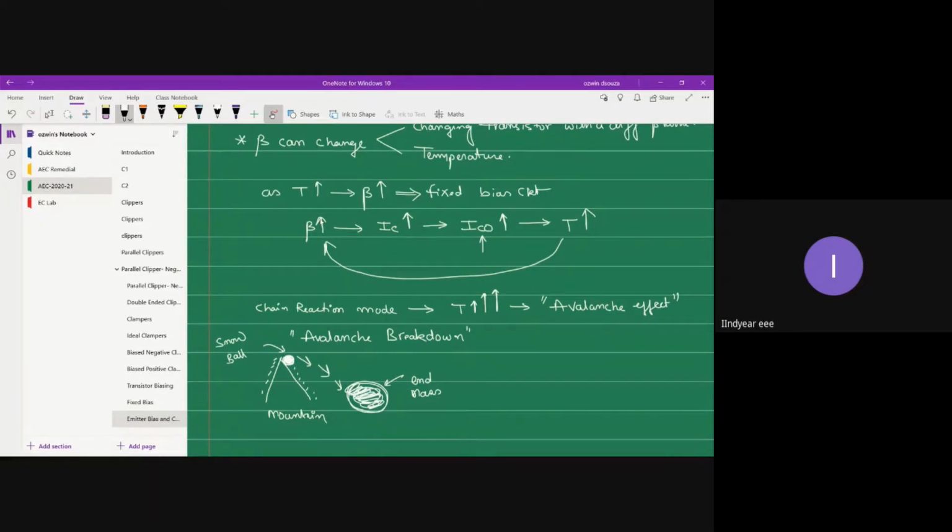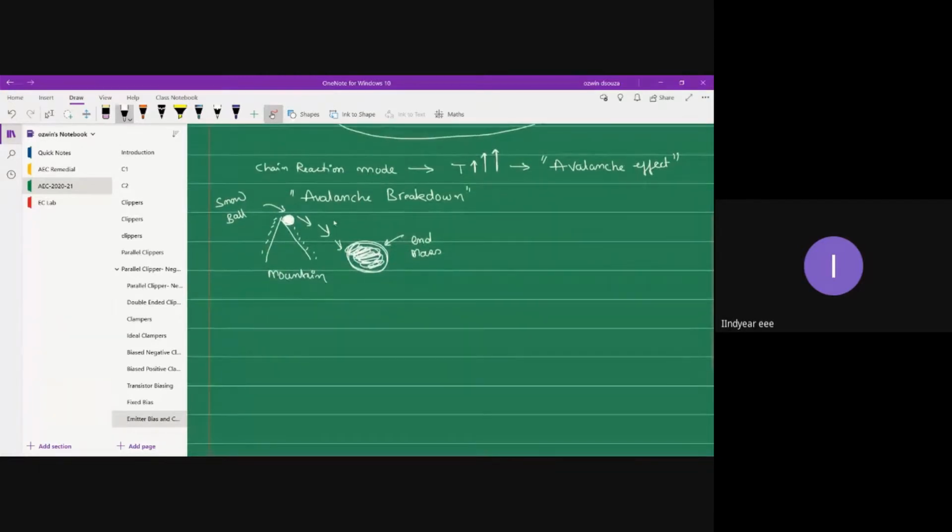That is nothing but your avalanche effect. So avalanche effect can destroy your transistor, which is very common in case of fixed bias circuit, provided you keep the temperature of the semiconductor device under check. All right, fine. So that's your biggest drawback of fixed bias circuit.